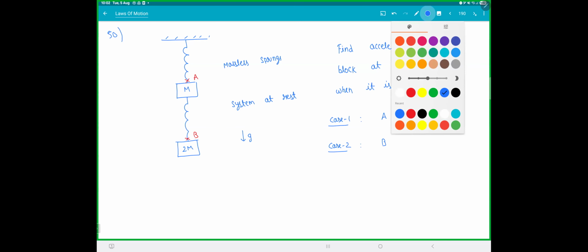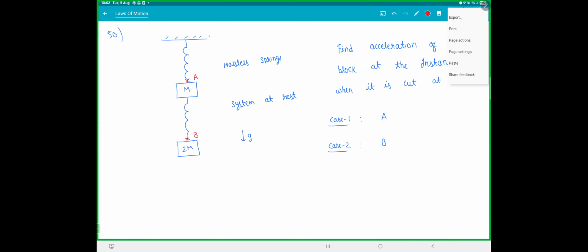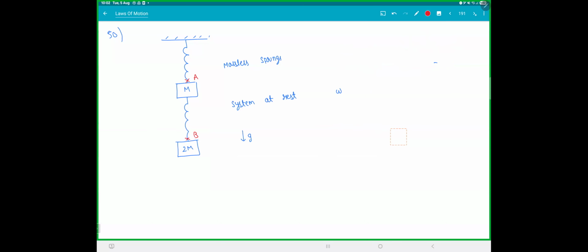So how do you solve this kind of question? Let me show you one model. Listen to the steps. Step 1, find the tension in the strings when they're in equilibrium. Step 2, whichever spring you're cutting, that tension becomes 0.